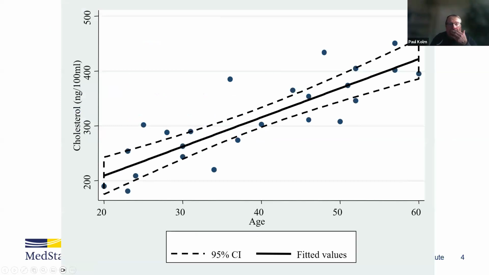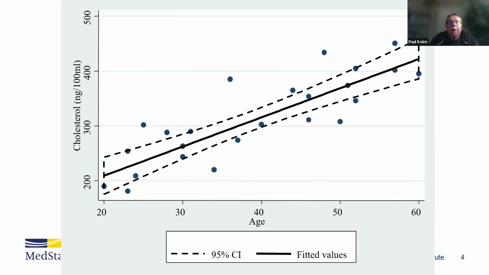We have an example here of looking at cholesterol as a function of age. We have our data points, and then we fit our regression line, and then we can draw 95% confidence intervals around the fitted regression line.